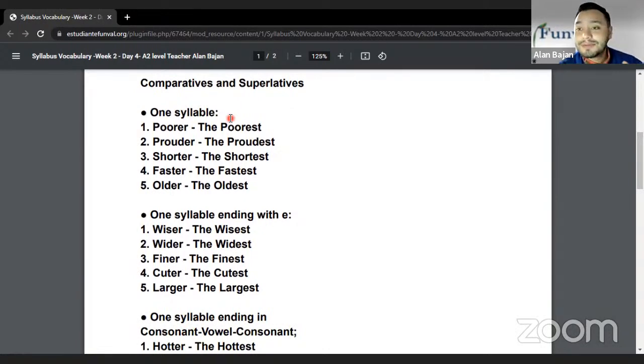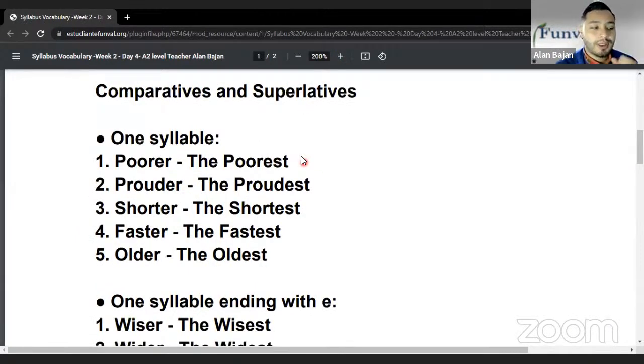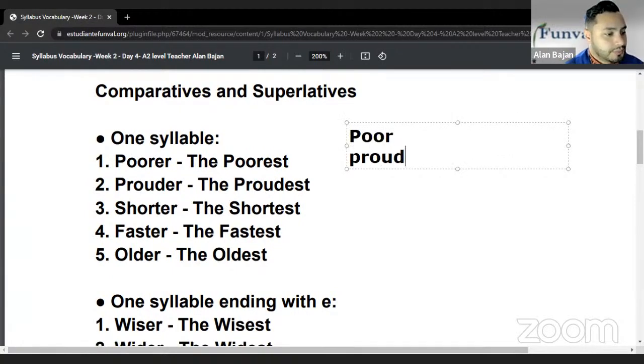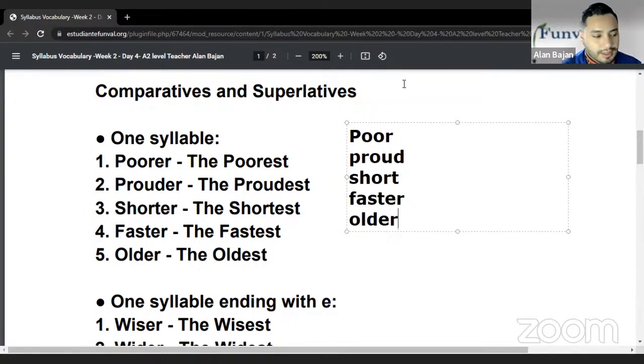We have adjectives of one syllable, like poor, proud, short, fast, and old. One syllable.